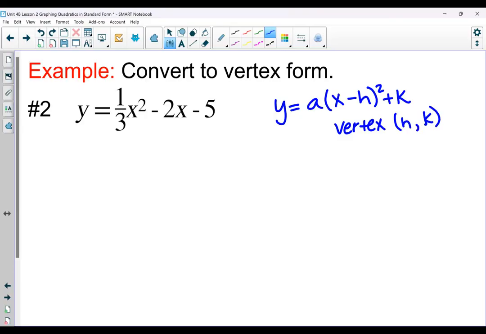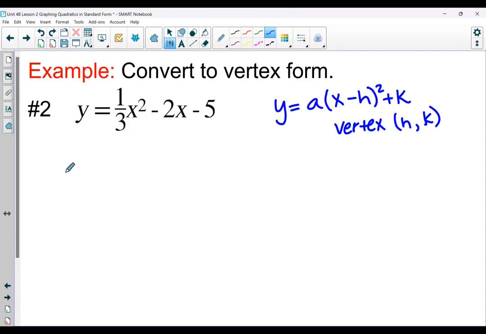And actually, a is going to be the same value in both forms. So in vertex form, our a is going to be 1/3, just like we see in our standard form. A is equal to 1/3. That means that if we could find the vertex of this parabola, we can write a vertex form equation to represent that standard form equation with the information we've been given.